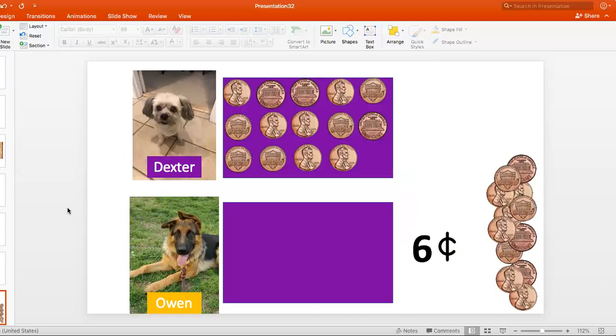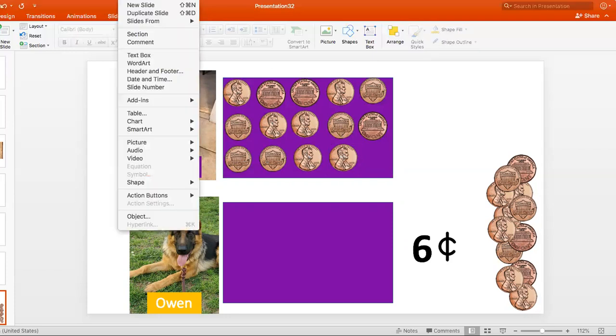All right, we've got 2 pets here for sale at the pet store. The first one is Dexter. Let's see how much Dexter costs. If every penny is worth 1 cent, I'm going to count by ones. 1, 2, 3, 4, 5, 6, 7, 8, 9, 10, 11, 12, 13, 14. So Dexter is 14 cents.